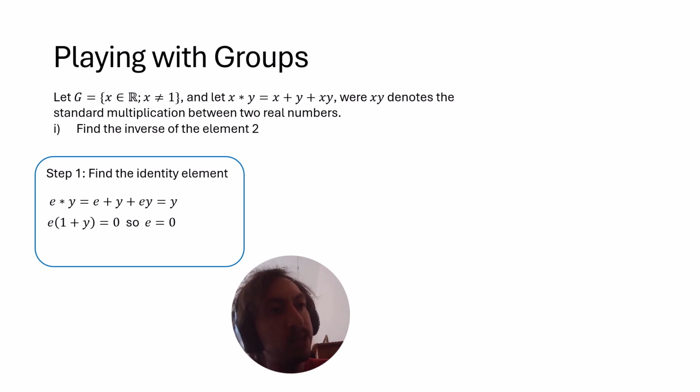And this leads to the conclusion that E has to be 0. And that's because this has to work no matter what member of the group y might be. So we can't set 1 plus y to equal 0 in most cases. So we've got the identity element, which happens to be 0. It's worth saying the identity element will not always be 0, but in this case it seems to be.